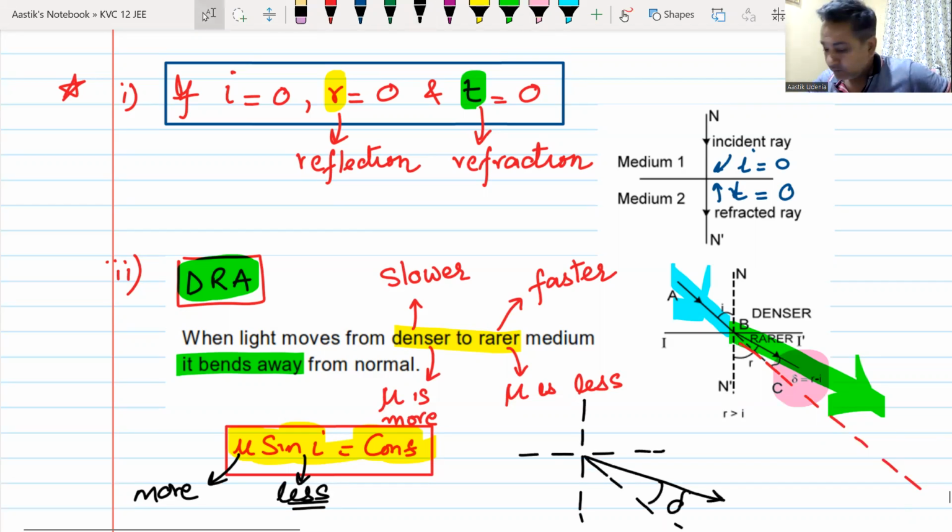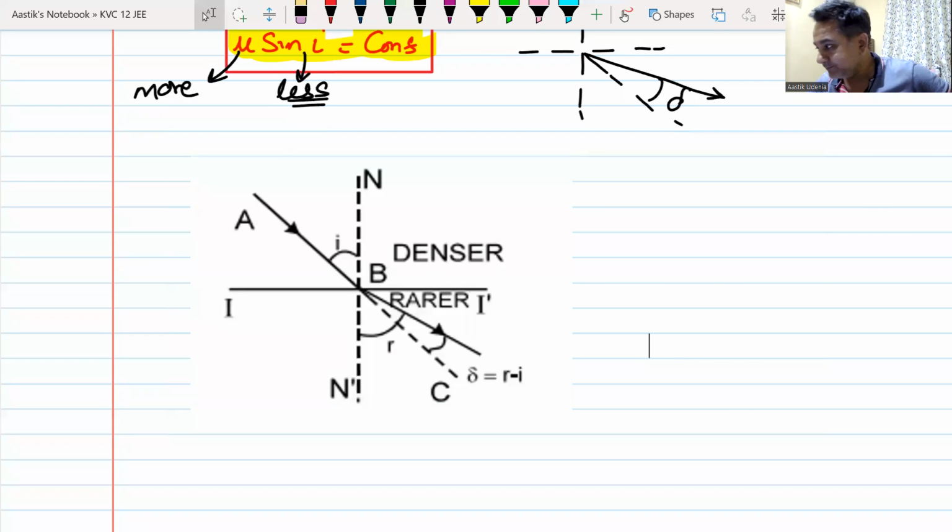Do I need to show you in a bigger diagram? Or you have understood this? Show in a bigger diagram, sir. So this is the bigger diagram. I hope you see it now.